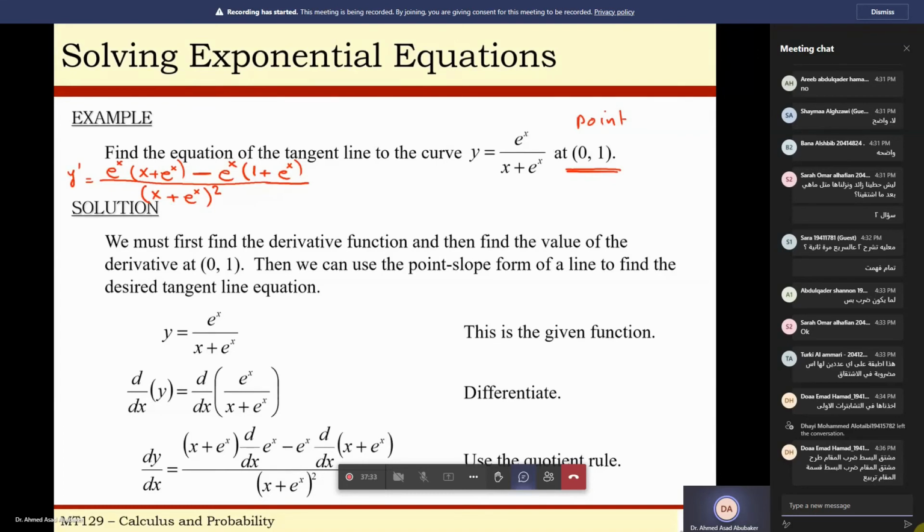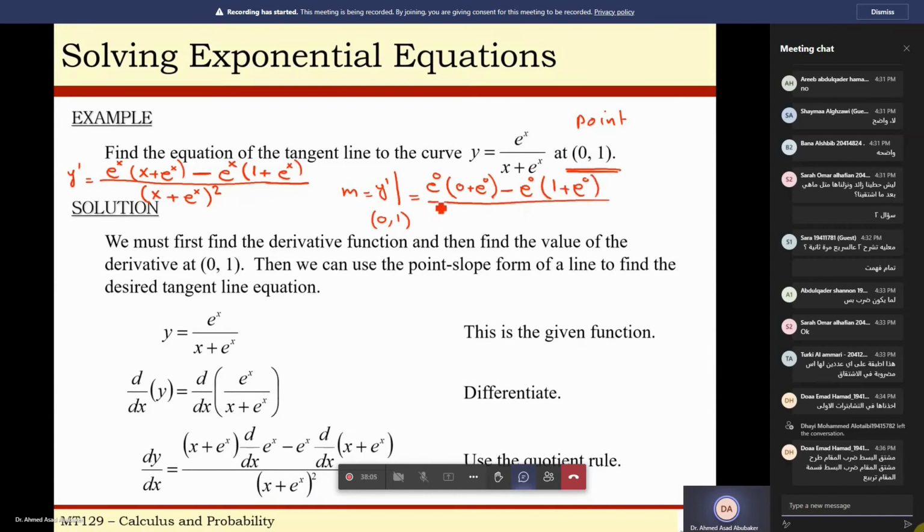Now if we need to find the slope, the slope equal what? Y prime, and substitute x equal 0 and y equal 1. So we have e to the power x, e to the power 0, and x plus e to the power x, and 0 plus e to the power 0, minus e to the power 0, 1 plus e to the power 0.